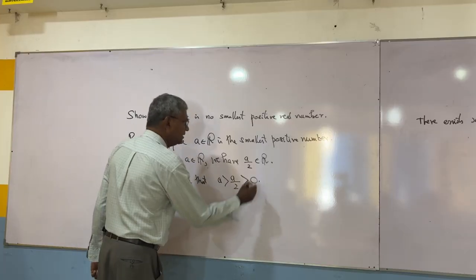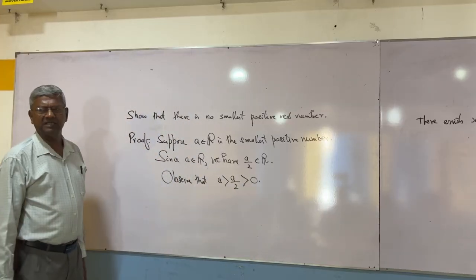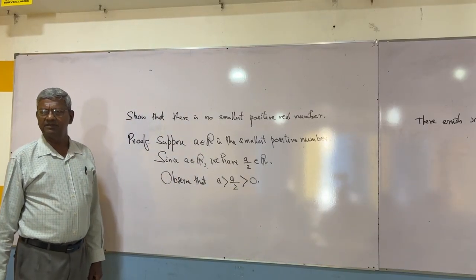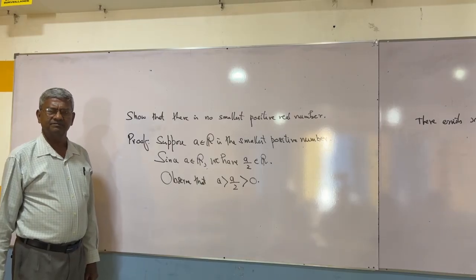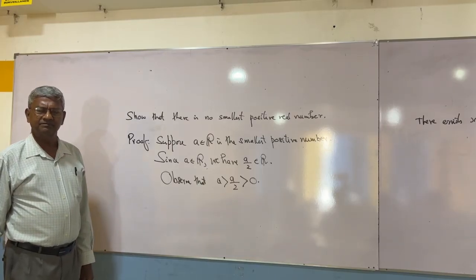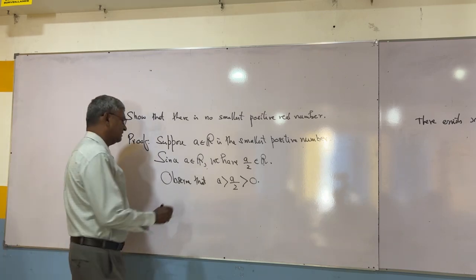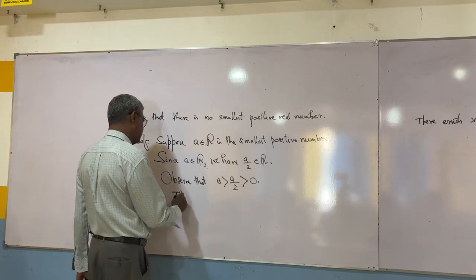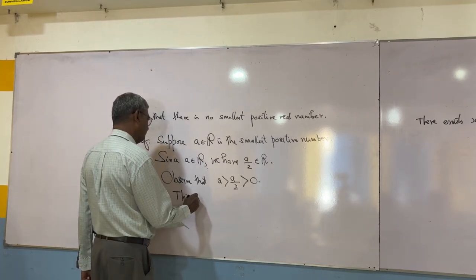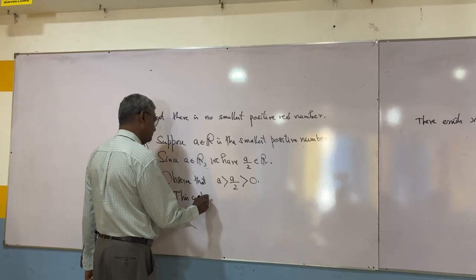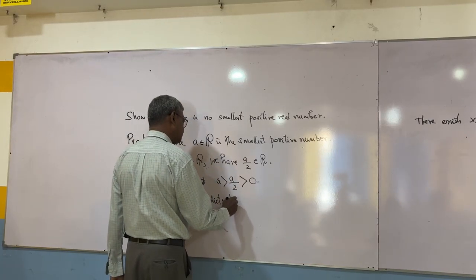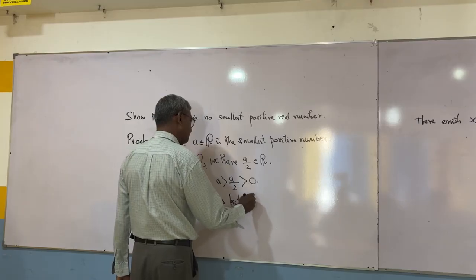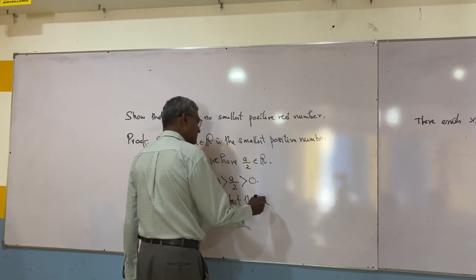Observe that a over 2 is also greater than 0. So this is a contradiction, since this contradicts the fact that a is the smallest positive number.